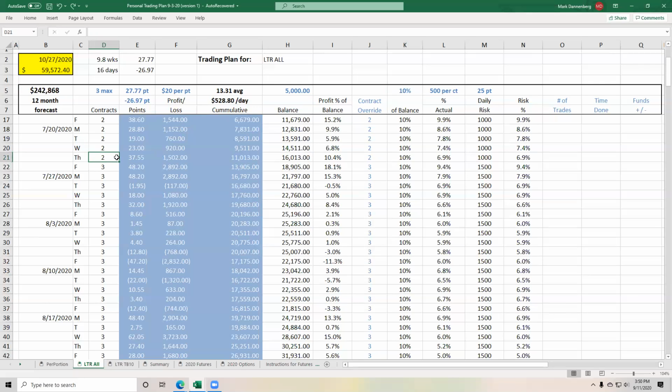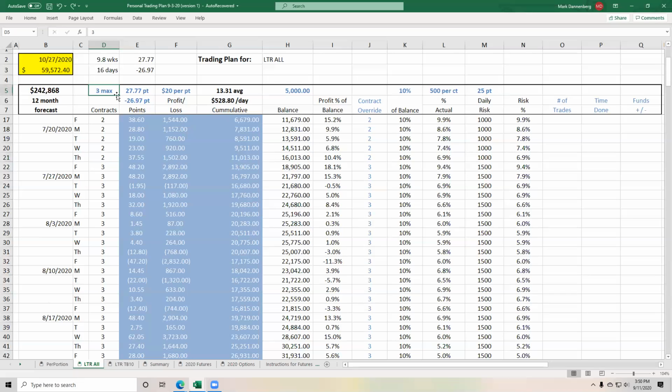So if I'm going to trade 2 contracts, I need to allocate $1,000, and if I want that $1,000 to be no more than 10% of the balance of the account, then I have to have a minimum of $10,000 in the account. So that's a limiter right there. That's a governor that says we will scale contracts for you based on 10% of the balance of the account.